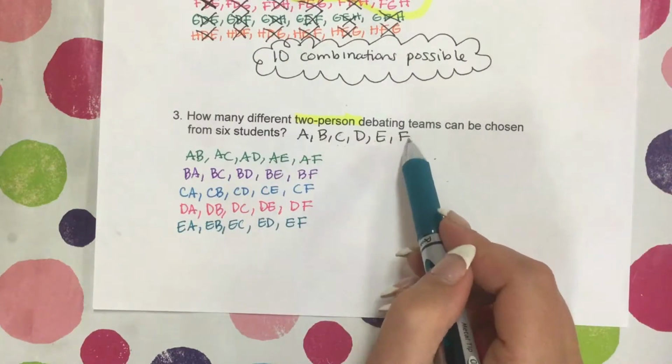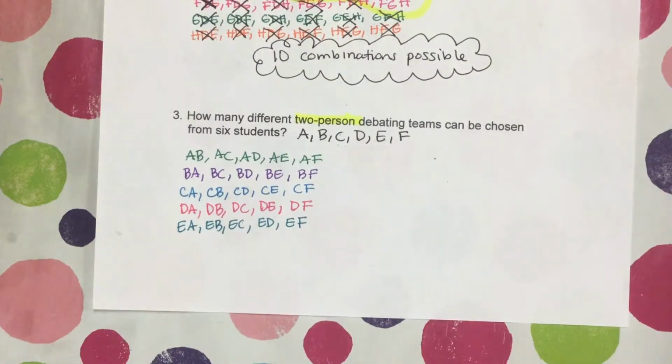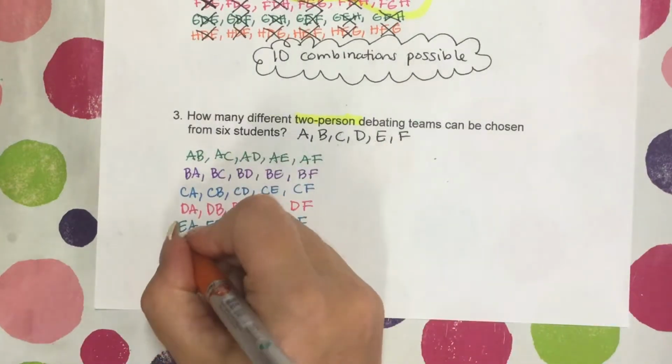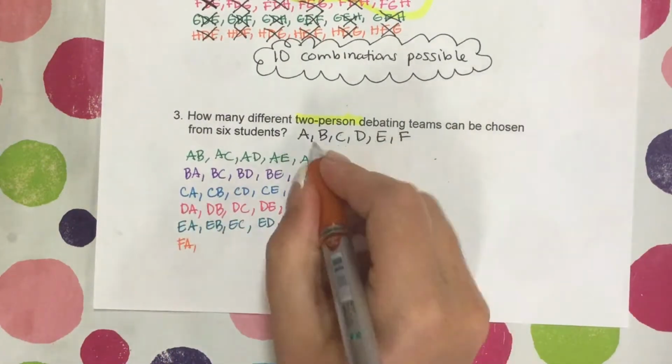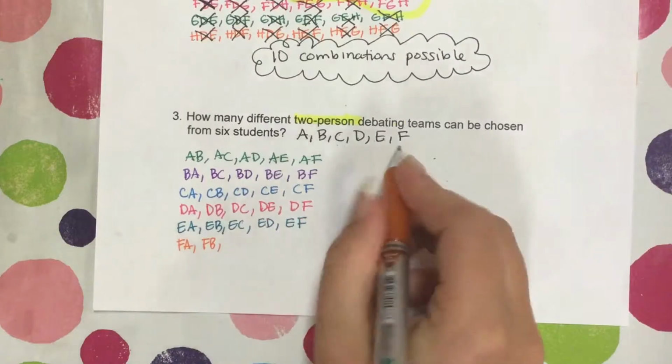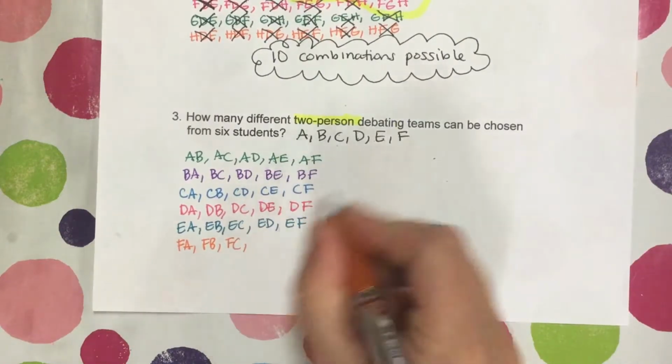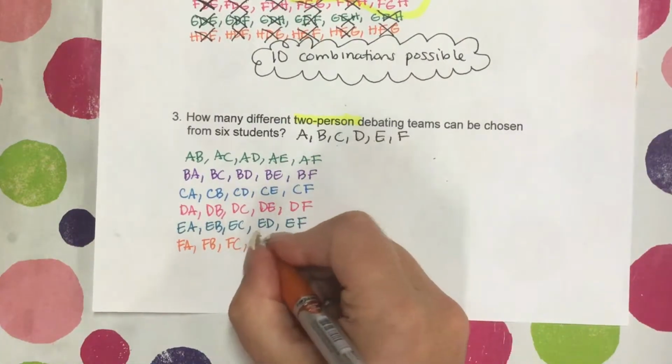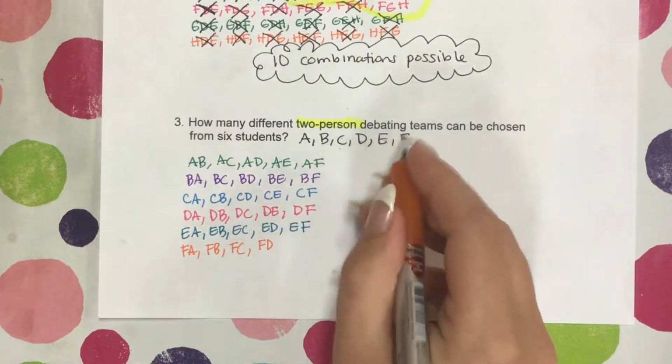Now let's go ahead and turn to F. F can go with A. F can go with B. F can go with C. F can go with D. F can go with E.